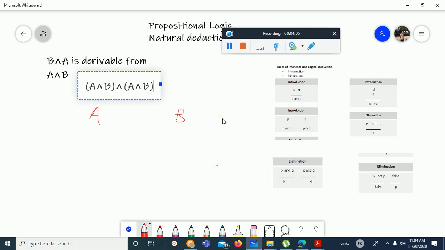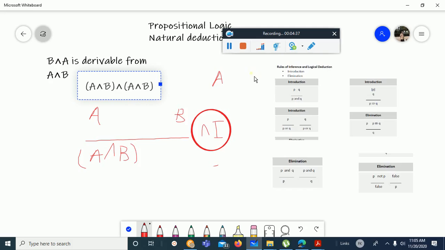Now we have A, B. So by using the AND introduction rule, we have got A and B.